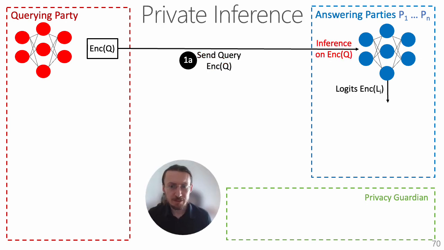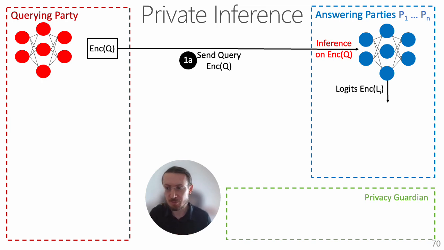The answering parties do private inference on the encrypted query Q. Since the input is encrypted, the results, so the output from the neural network, are also encrypted. In this case, we have this output being logits L sub i. For the private inference on neural networks, we use a library that leverages MPC with homomorphic encryption.